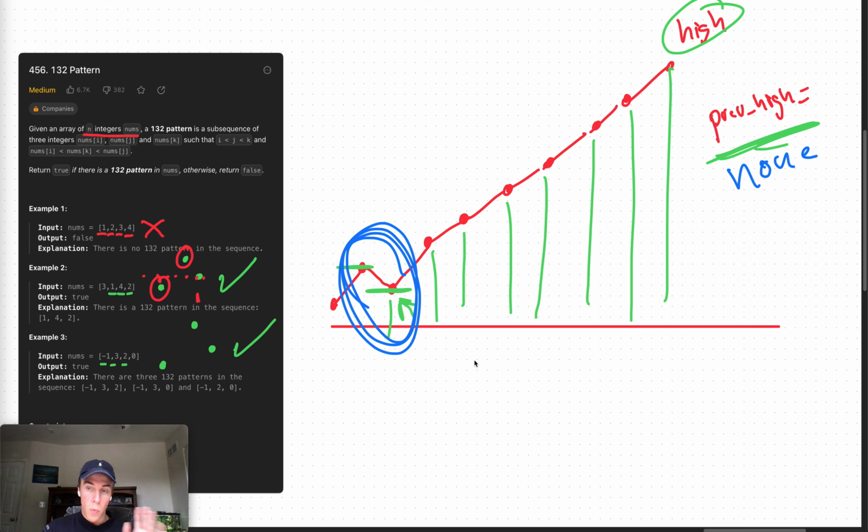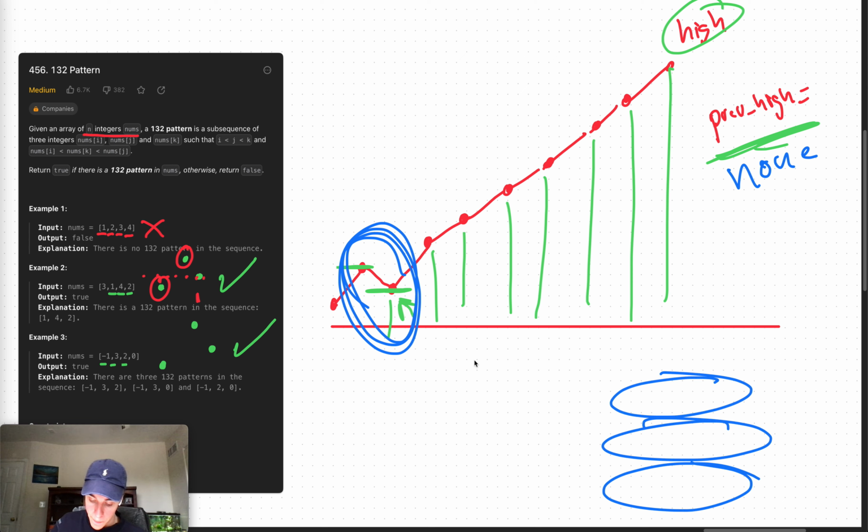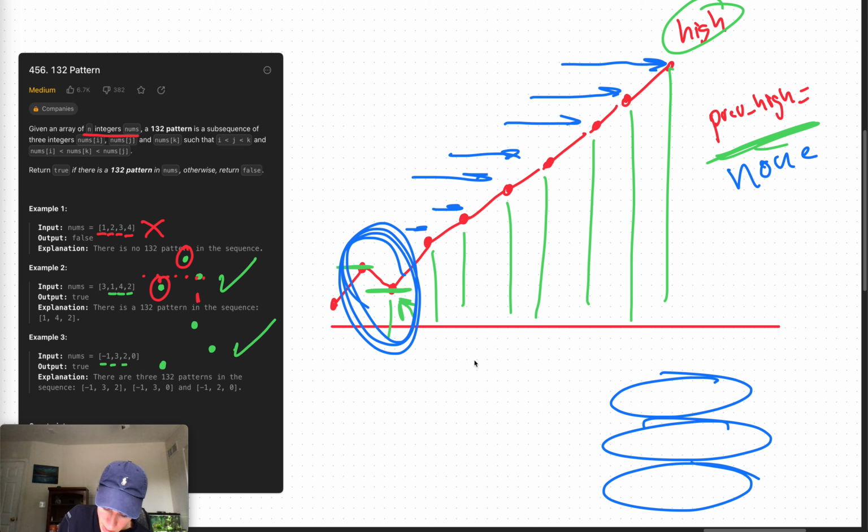So, okay, the way that we could do that is have a stack. We could have a stack keeping track of all the elements from lowest to highest. So in this case, highest would be on the bottom, second from the bottom, third, fourth, fifth, sixth, seventh, then eighth.